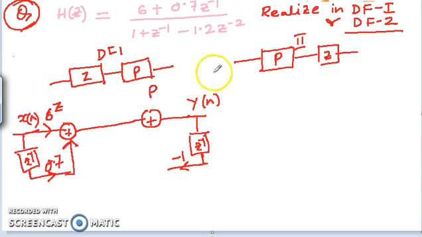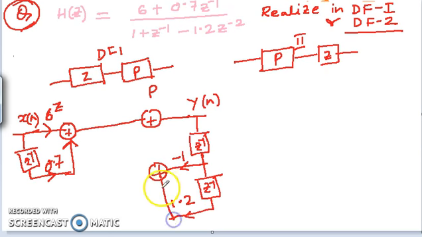Another part is there, so we need another delay, and the coefficient associated with it is minus 1.2, so it will be plus 1.2 here. This part is added with this and this part is added with this. So this will be the structure for direct form 1.